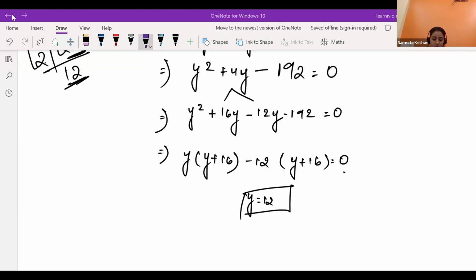Now the next question from quadratic equation is, just a minute.